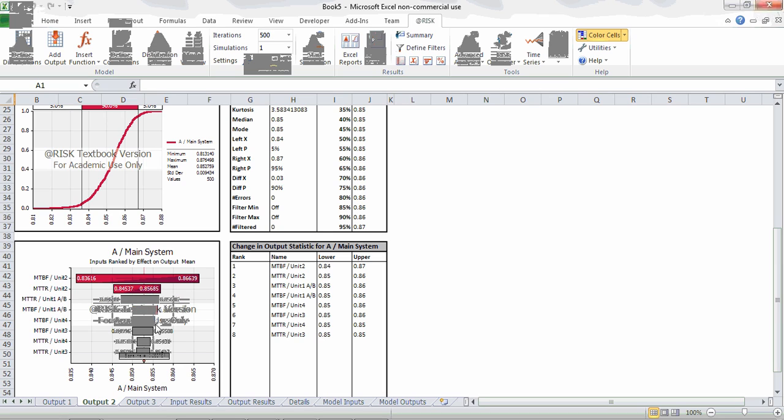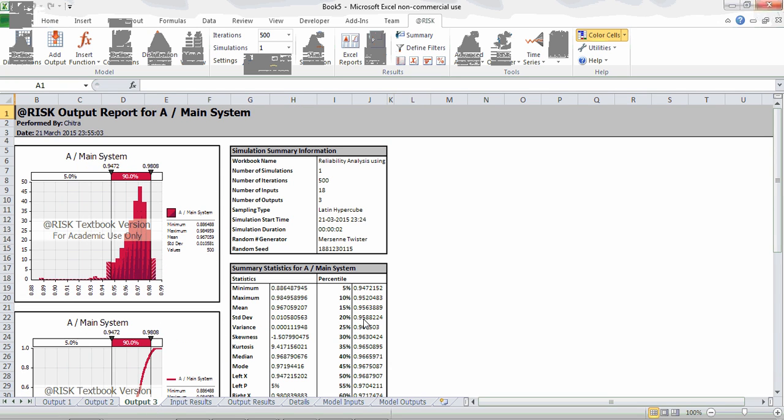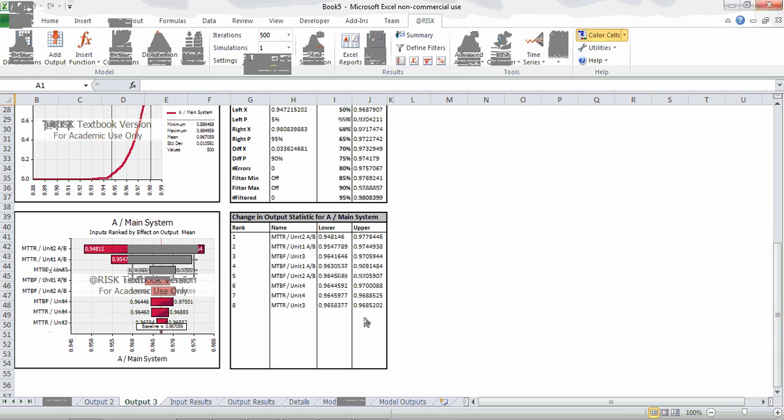The rest is fairly in control. Similarly, for the output for the main system, as you can see here, the mean time to repair for unit 2A and B is improved, but you still have a range, and unit 1 you still have a range. The tornado graph clearly indicates where we stand after the modification.